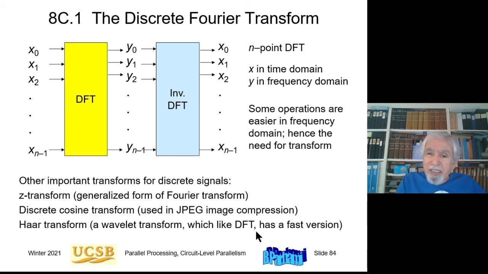And like DFTs, these have a fast version. The fast version of DFT is called the fast Fourier transform, FFT. In fact, we hear FFT more often than DFT, because once we know that fast version, there's no reason to use any other version. But DFT is the computation that is defined, and FFT is an algorithm for implementing that computation.